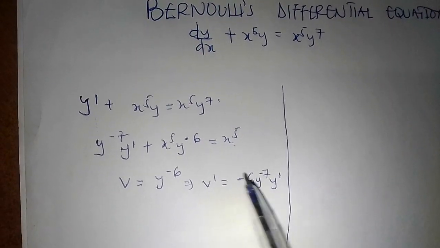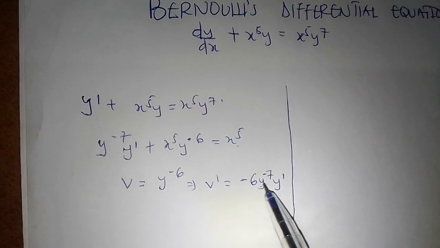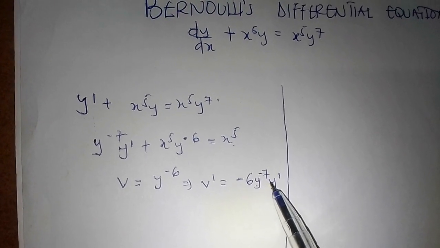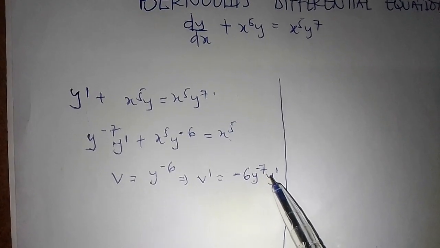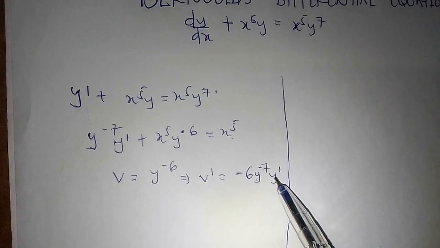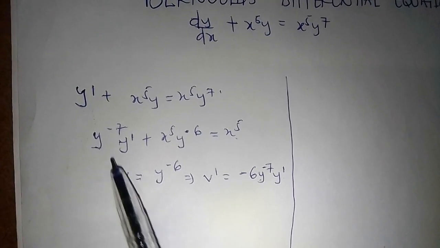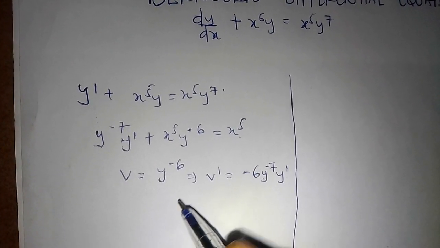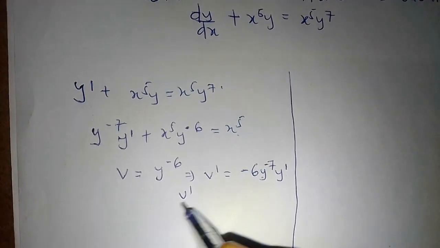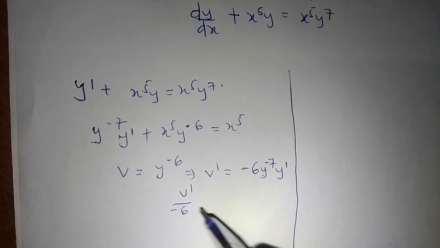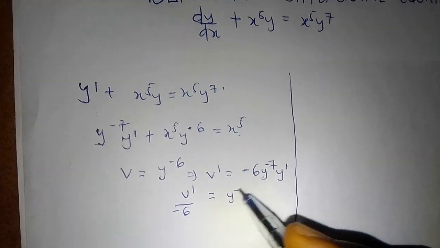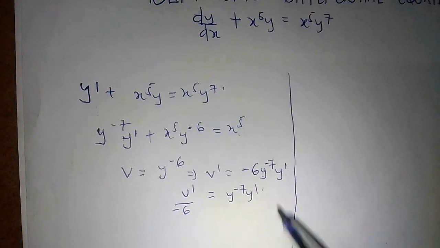We can see this term, y to the power negative 7 multiplying y prime, is the same as what we have here. So we make that the subject, so we get v prime over negative 6 equal to y to the power negative 7 y prime.